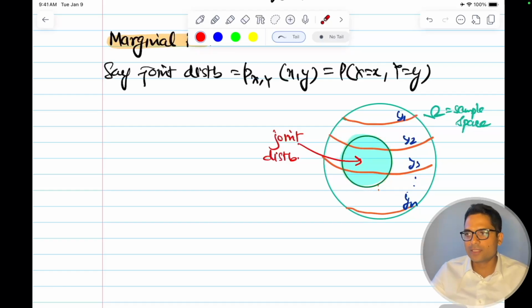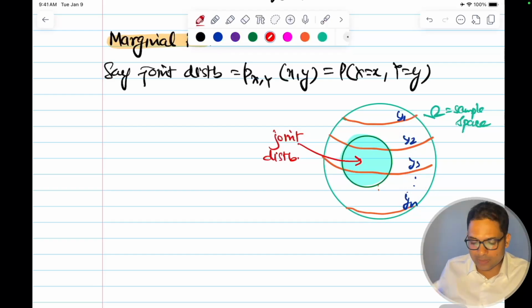If I find the intersection of this with all the possible values of y, this will give me the total probability of the other variable. So if I do the summation of the joint distribution over the other variable, I'll get the marginal distribution for x.